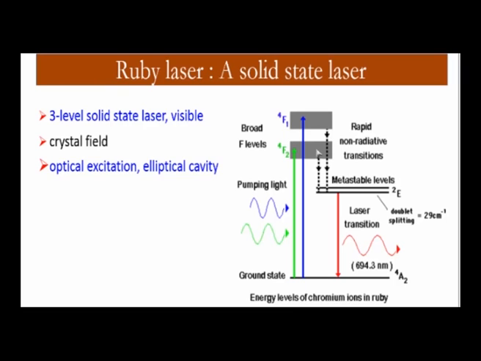So individual atoms will have individual energy levels, whereas a collection of atoms in the form of a solid will have bands. This is called the band structure of solids, crystals. If it is periodic, you will have a well-defined band structure for a crystal. So in this crystal, ruby, you have bands corresponding to these energy levels I have shown.